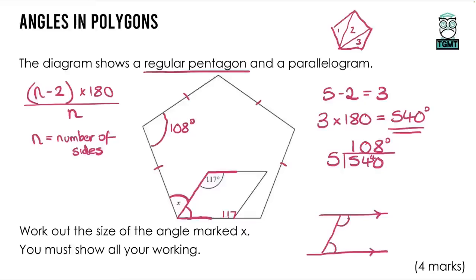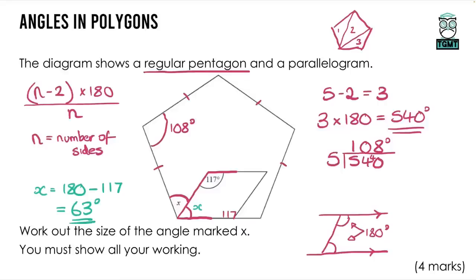These are called co-interior angles, and they add up to 180 degrees. So here, we could just do 180, take away 117, and I'll work that out to the side. That's for this one here, call it X. 180 take away 117 is equal to 63 degrees.